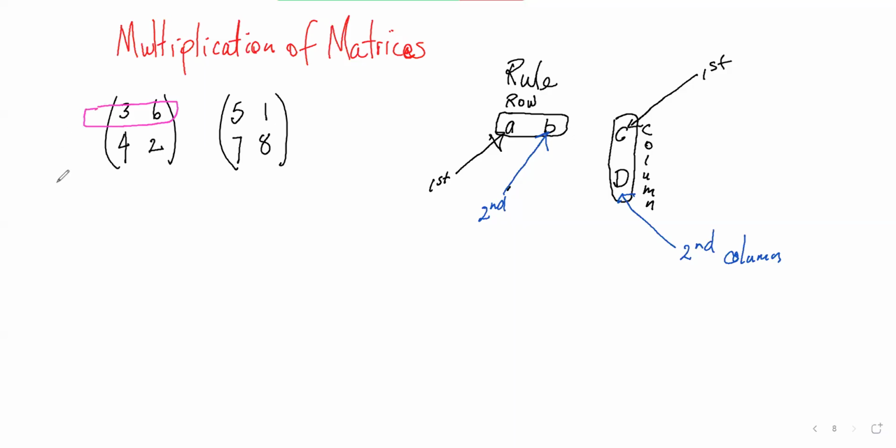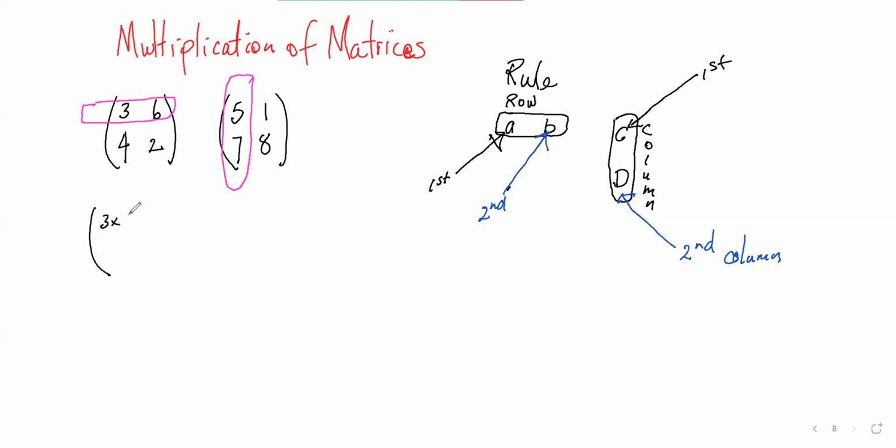So let's start. The 3 and the 5, and we're working with this column. Then we just repeat the same thing again. You're going to start with 3 and 5.